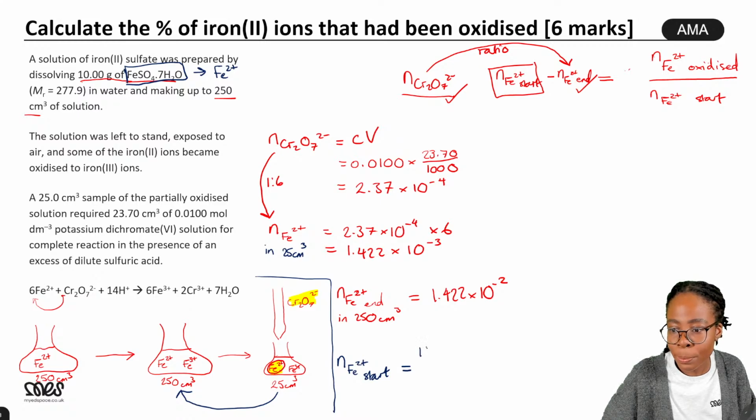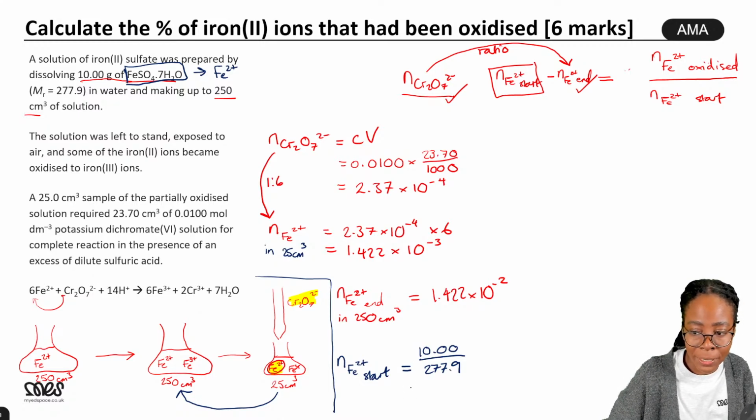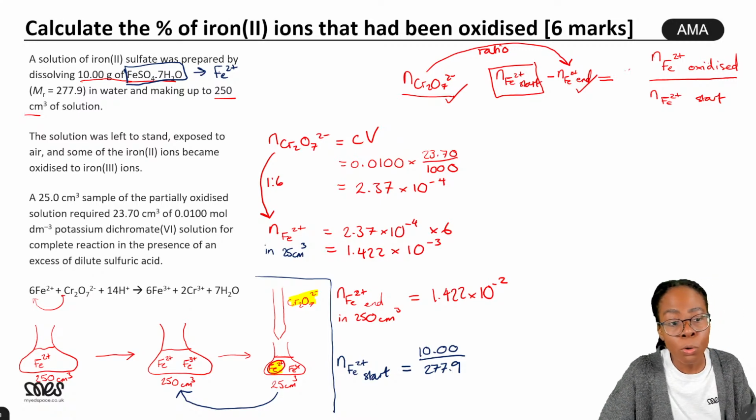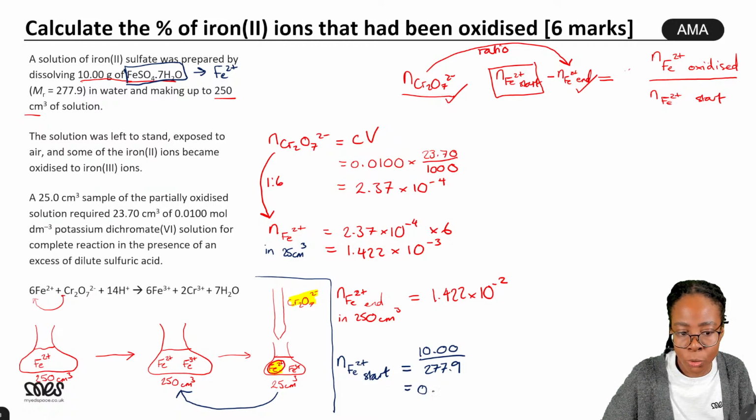So that would be 10 divided by 277.9. And so to answer Liam's question from earlier on, we don't need to worry about the sulfate and the waters because ultimately the moles of our salt to the moles of our Fe2+ is 1-to-1. Okay, so we end up with 0.0360.